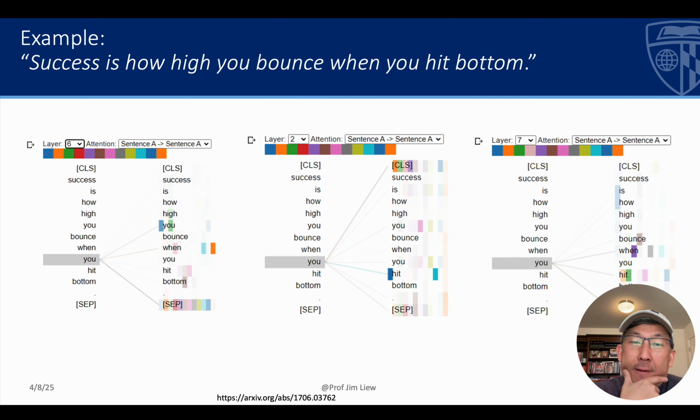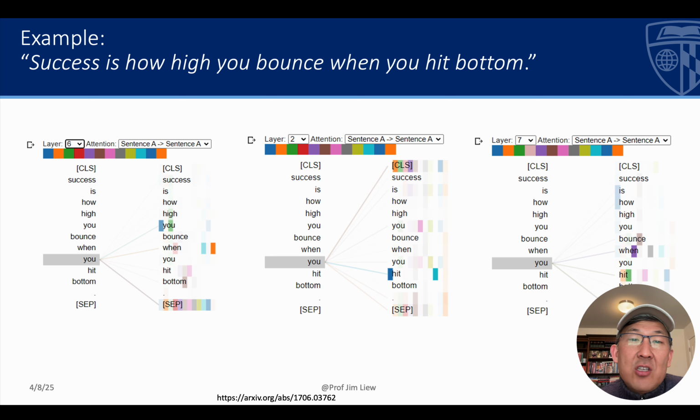Okay. And here's an example where we're showing what we are paying attention to. So if you look at the words, success is how high you bounce when you hit bottom. Now, when you are at you, what is it sort of thinking about? So in the middle one, you see that you and hit are important together, and then what we notice here is what the model is paying attention to.